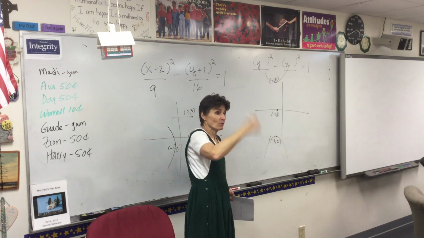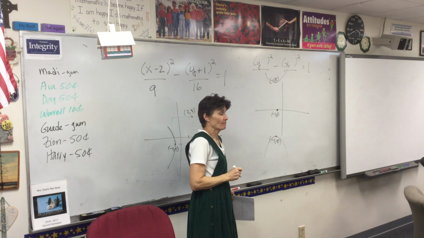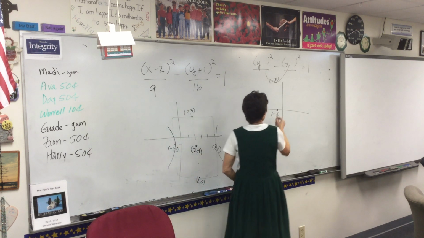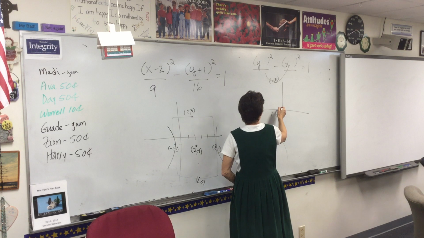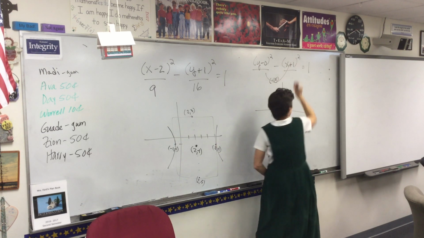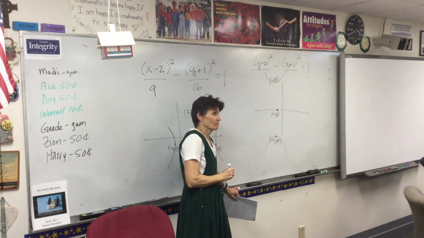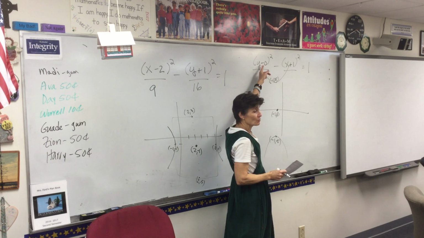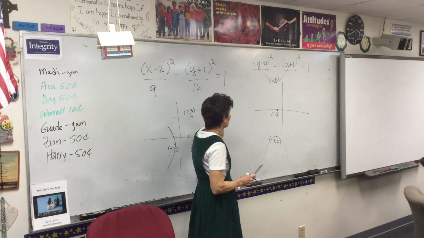Remember, transverse is the vertices. Now, if the center is at negative 1, 0, then y minus 0, x plus 1, is that right? You don't actually have to put that 0 in there. You can have plain y squared if you want.